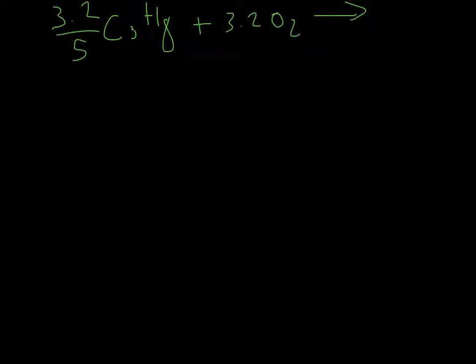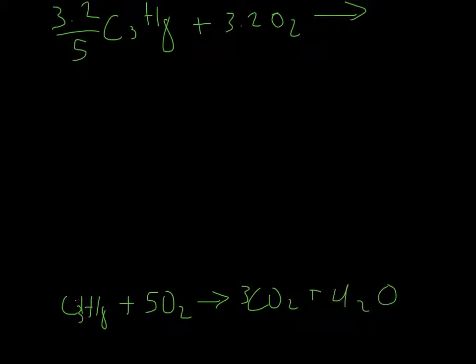Well, if you remember from the equation before, we have the propane, C3H8 plus 5O2 makes 3CO2 plus 4H2O. So that means the CO2 to C3H8 ratio is 3-to-1, right? Because that has a 3 and that has a 1.